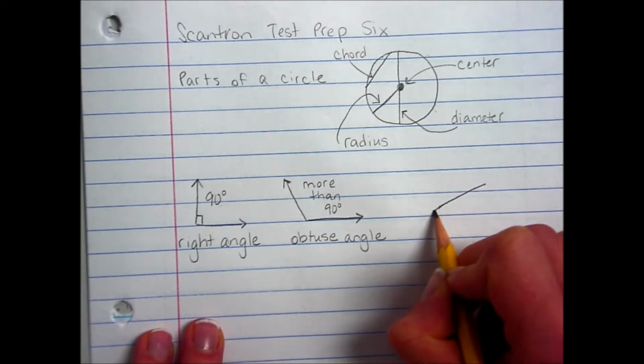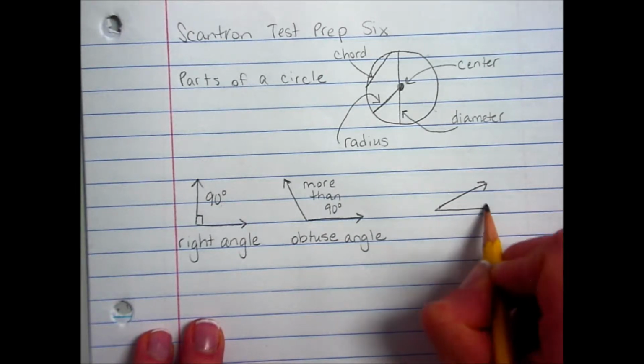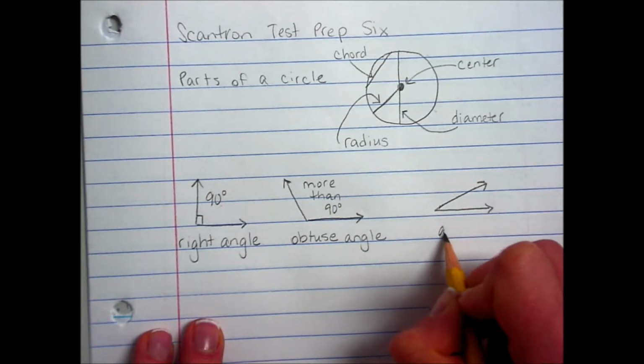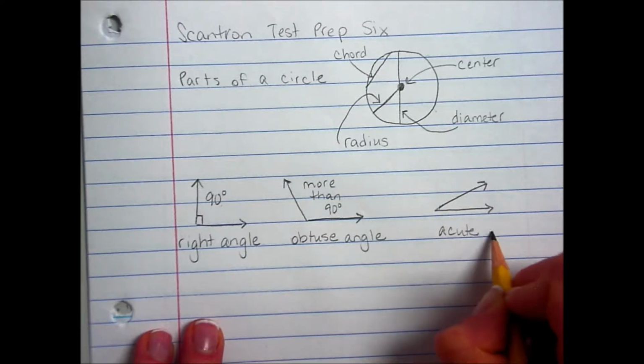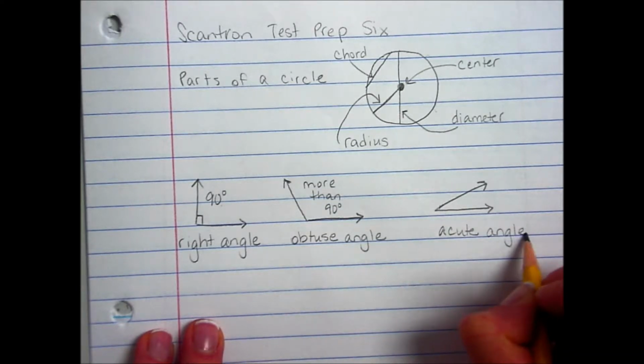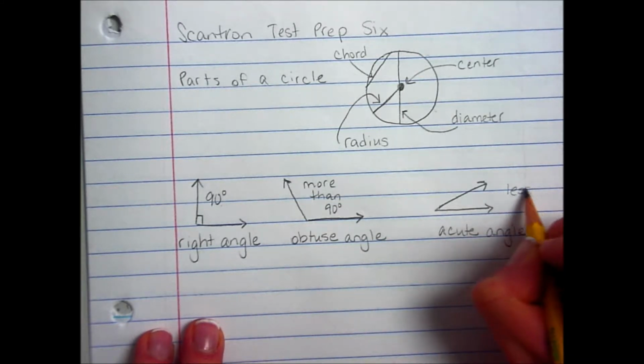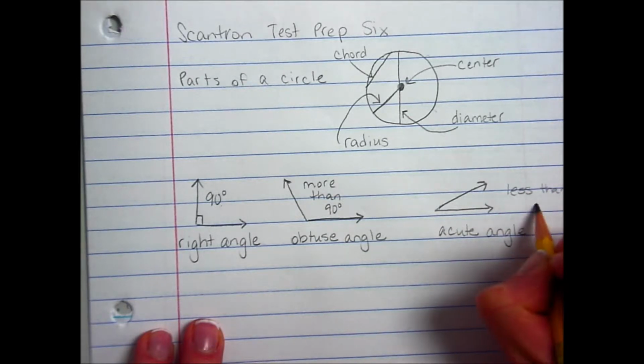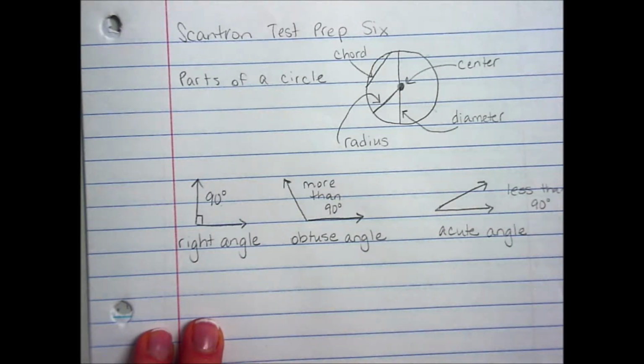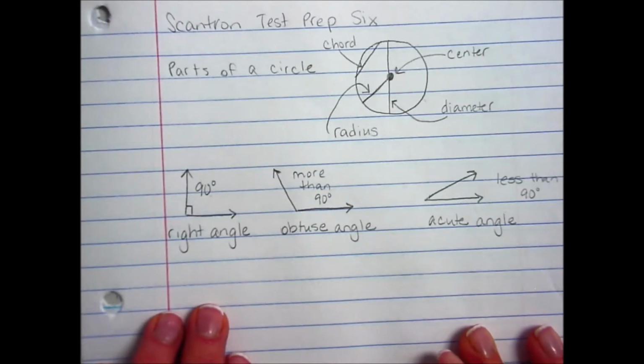And if you have a tiny, cute little angle, that's acute, and the measure is less than 90 degrees. Does anybody have a question about these angle measurements?